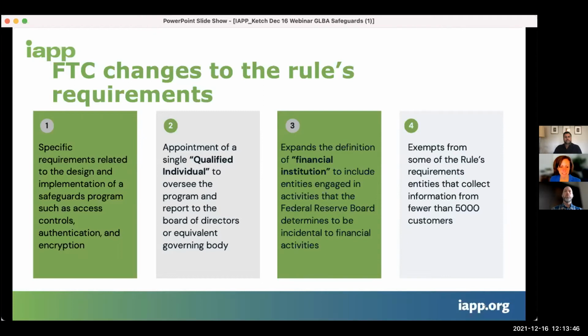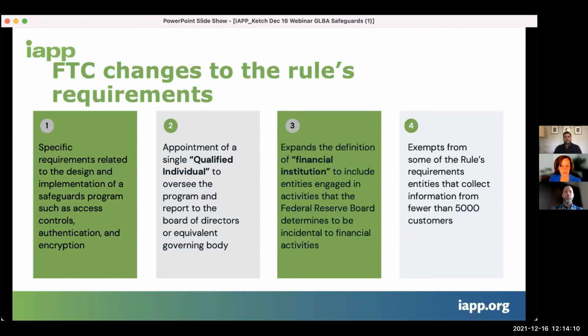And then lastly, small businesses. The rule limits the extent to which smaller financial institutions are covered by the amended Safeguards Rule. Financial institutions with customer information of fewer than 5,000 customers are excepted from certain requirements.